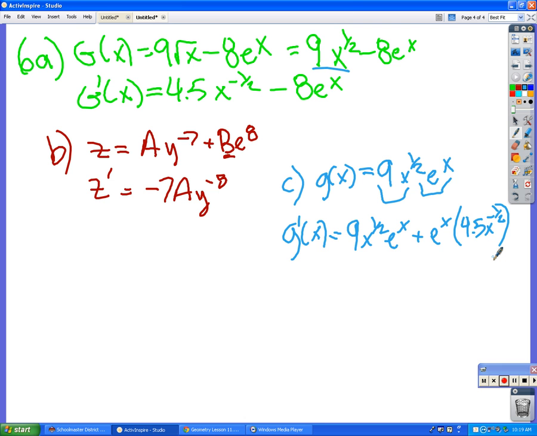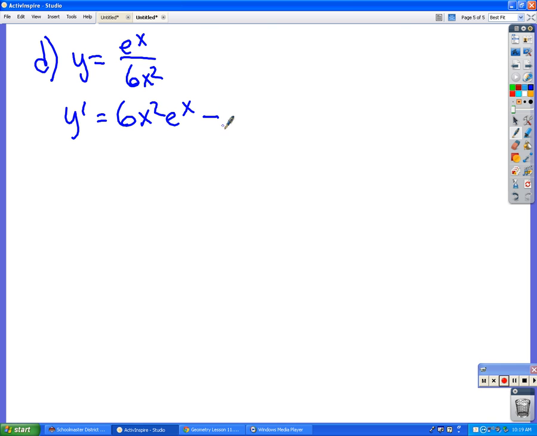Okay, I like these. Okay, D, yeah, we must have learned the product rule and the quotient rule in this section. Low d high minus high d low over low squared.